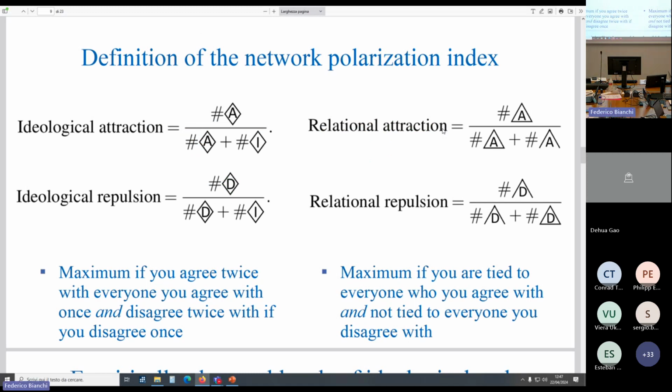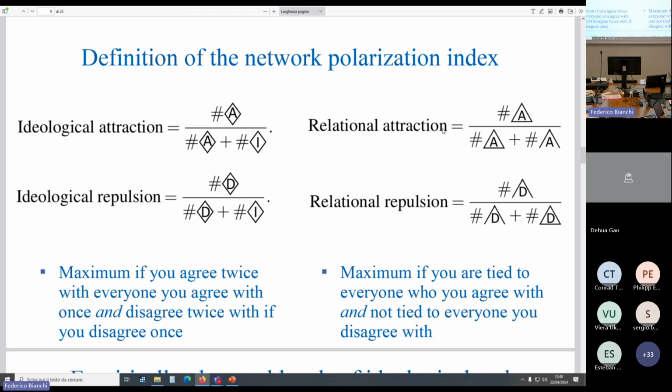So ideological polarization refers to four-cycles in the two-mode network. So if two people agree on one item, do they agree on a second item? There are two different subdimensions, and maybe I just jump to the intuition.